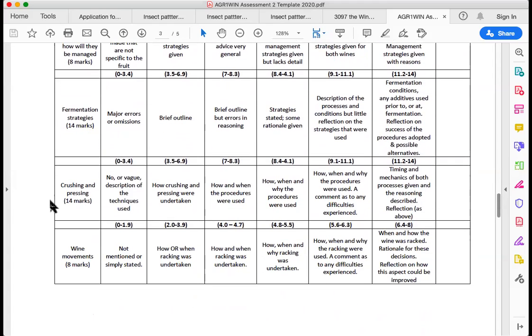Okay, so your fermentation strategies. Again, give the reader a picture of the environment that the fermentation was carried out in. Did you have temperature control? If so, how responsive was it? Describe what effect you think that would have had on your ability to manage the fermentation. Did you have very limited fermentation control? What was your strategy for temperature control?